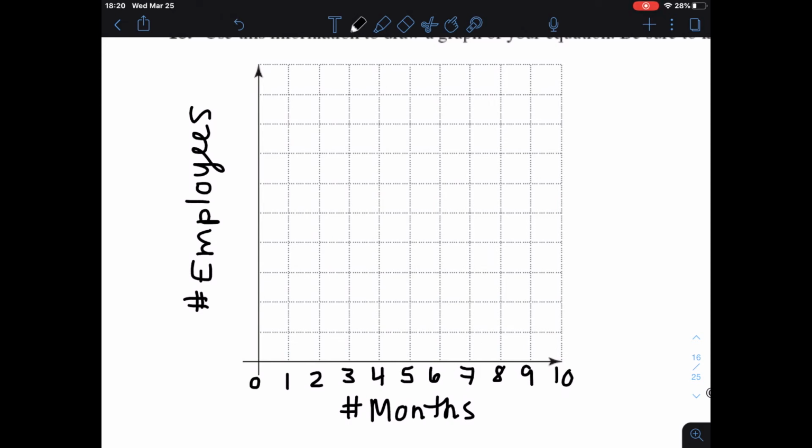And then because the employees really just go up by 4 every month, I'm going to make these all go up by 4. So 4, 8, 12, 16, 20, 24, 28, 32, 36, and 40. You could pick a different scale, but since each one of these months I'm going to go up by 4 more, I might as well just use multiples of 4. Okay.